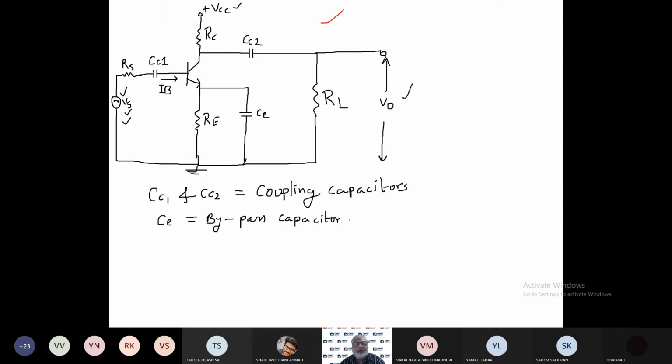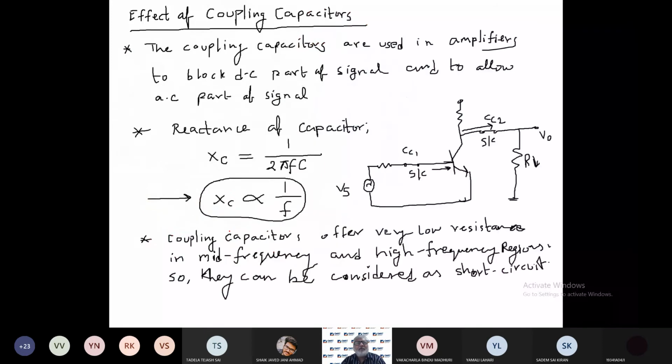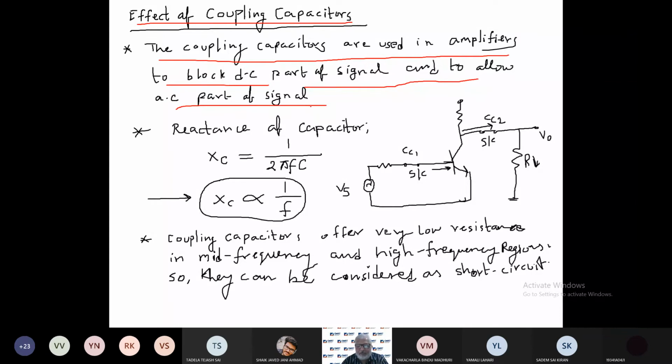So you draw this circuit diagram. You mention that CC1, CC2 are coupling capacitors, CE is the bypass capacitor. Then first we will see the effect of the coupling capacitor. The coupling capacitors are used in amplifiers to block the DC of the signal and to allow the AC part of the signal.